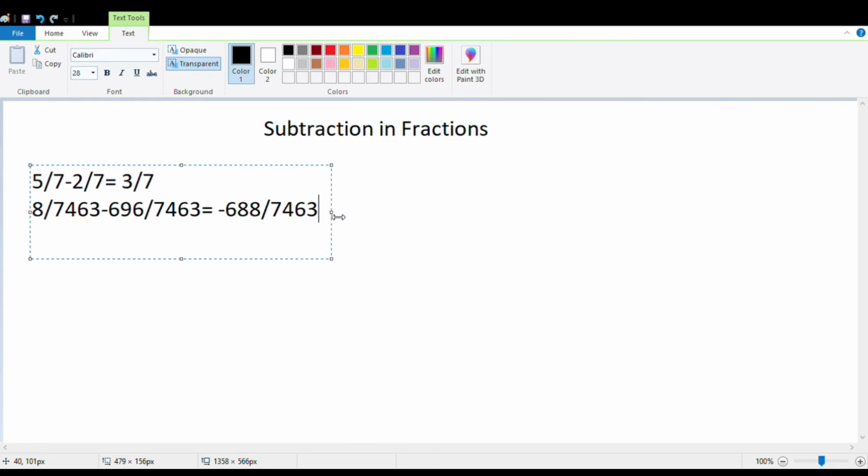Now this is also a correct answer, since it is a proper fraction, and it doesn't break any rules, so it's basically a correct answer.